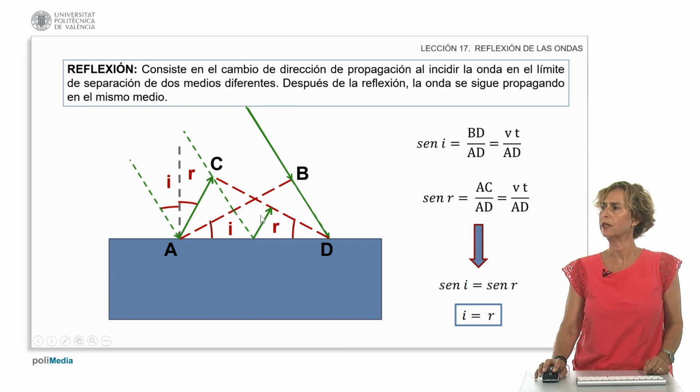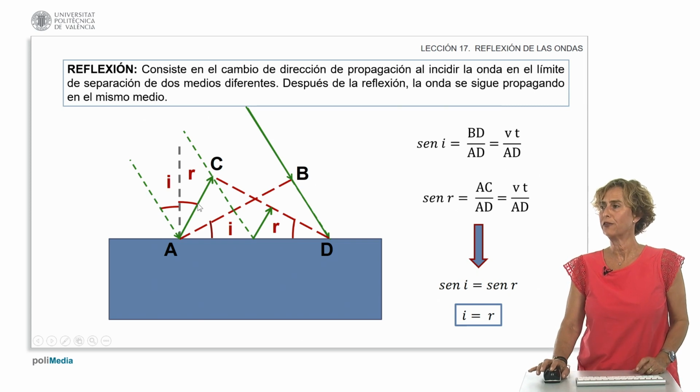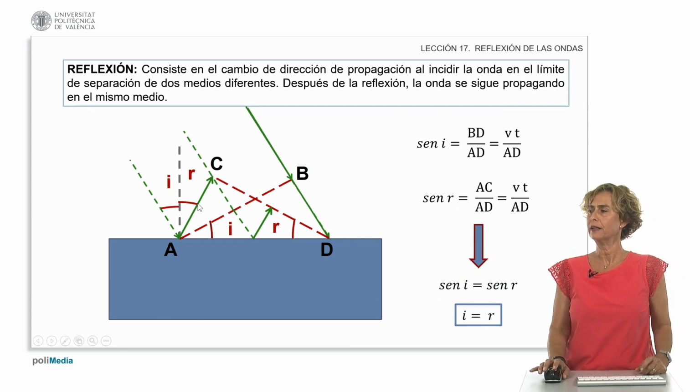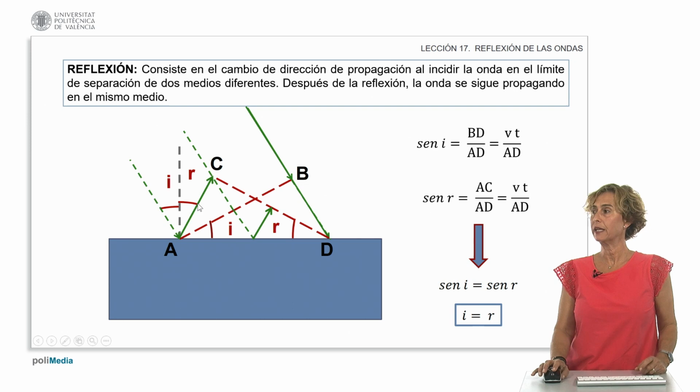If we want to express the sine of the angle of reflection, sine of R, we have to look at the triangle ACD. What is AC? AC is the space that the reflected wave has traveled in time t, which is the same time we had up here. As the medium of incidence and reflection is the same, the velocity of propagation will be the same, v.